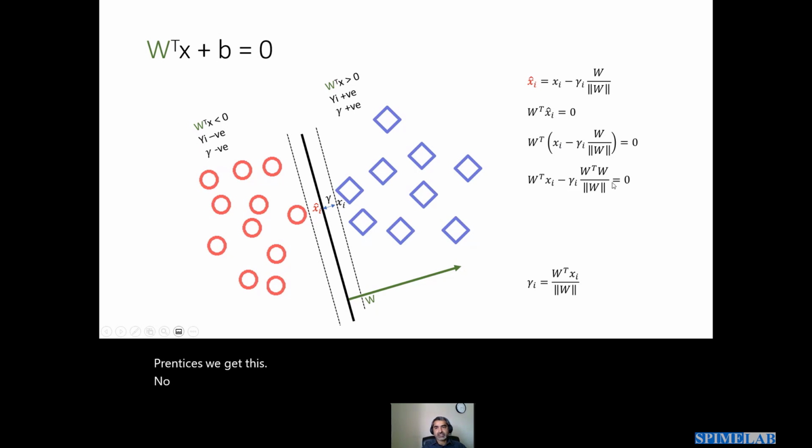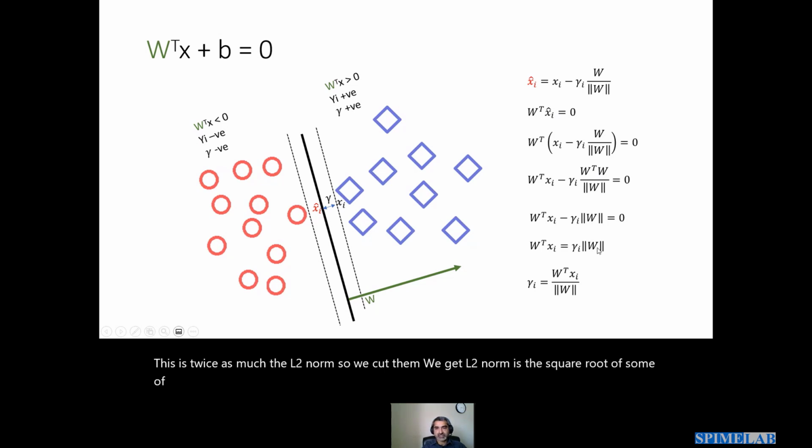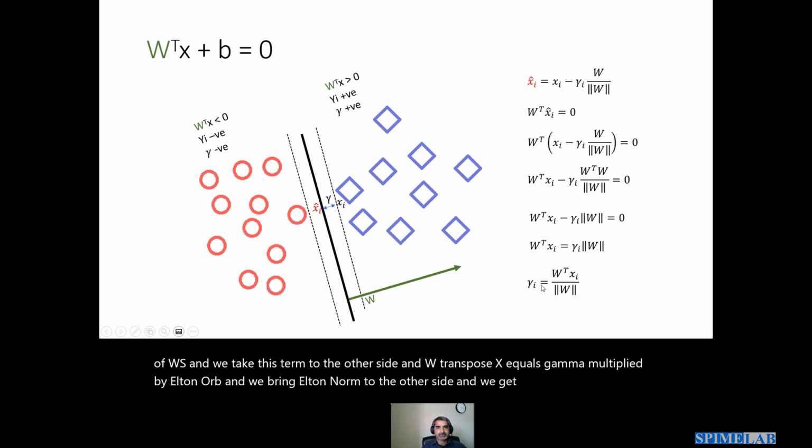Now you can see if we take this term to the other side, this is twice as much the L2 norm, so we cut them, we get L2 norm, which is the square root of sum of W's, and we take this term to the other side, and W transpose X equals gamma multiplied by L2 norm, and we bring L2 norm to the other side, and we get this distance.